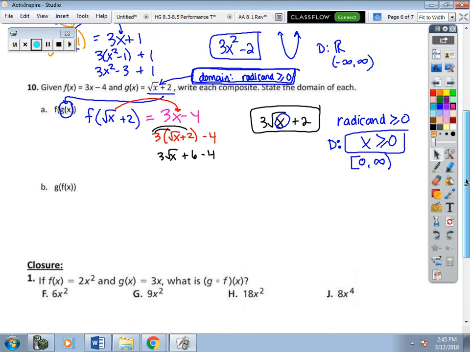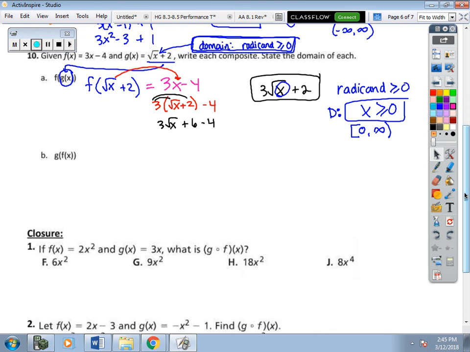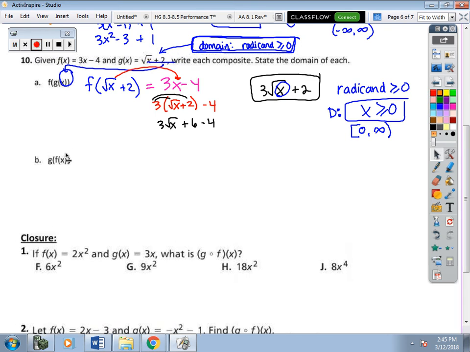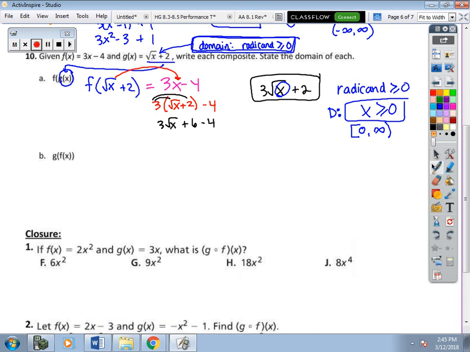Okay, let's make sure we pay attention for the next one, just for the domain really is going to be the tricky part here. So we'll start with our f of x, subbing it in. f of x is our 3x minus 4, so we'll get g of 3x minus 4. This is going into my g of x function, which is square root of x plus 2.